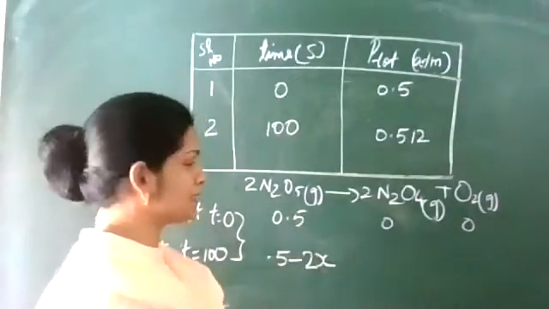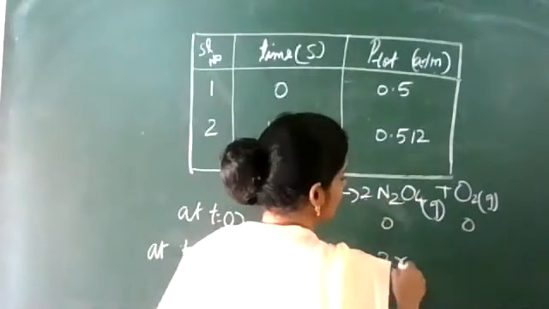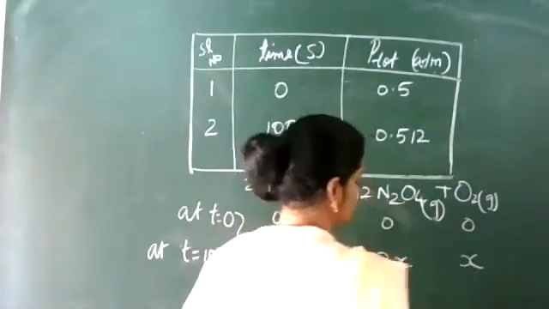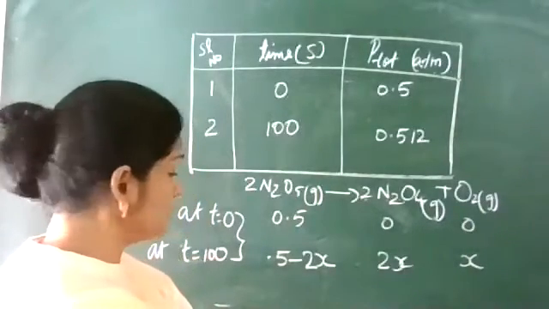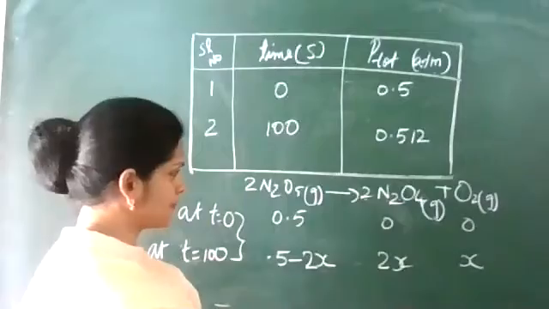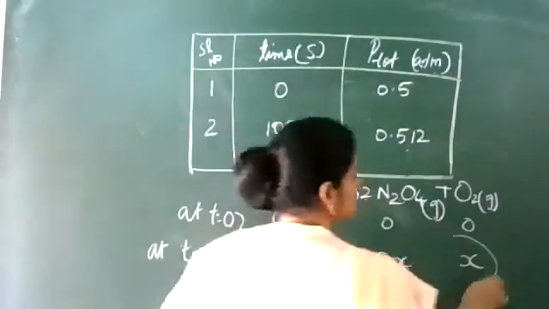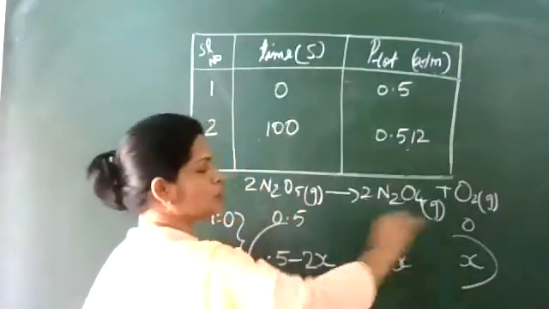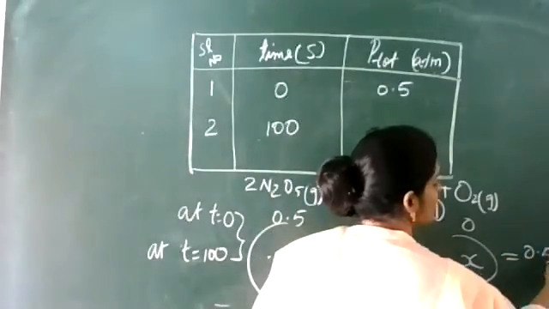So twice x gone, and here 2x is coming, and here x. This is the case after t seconds, and at this time P total is given. You take the sum total of all those, which is equal to 0.512.